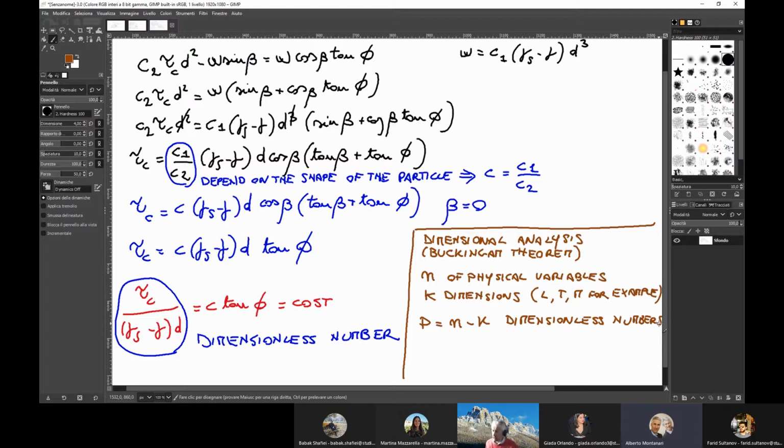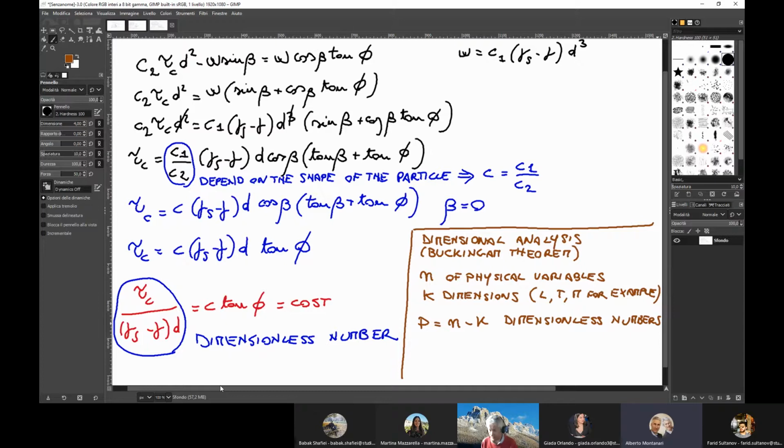Look, this conclusion is quite interesting for us because in this relationship here, I already identified a dimensionless number. So without knowing anything of the Buckingham theorem, without starting from the point of view of dimensional analysis, I already came to a conclusion which says that a dimensionless number is a constant.